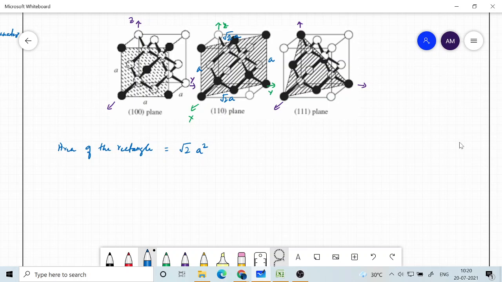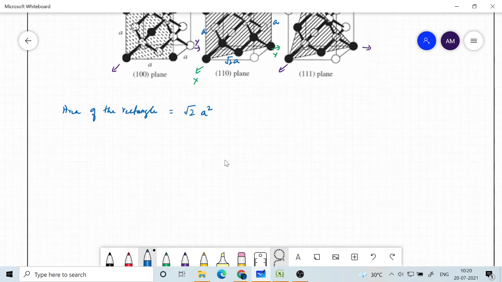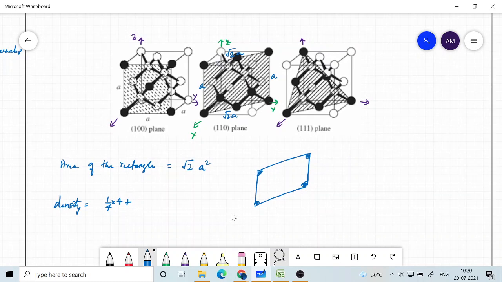If you properly see this, again at the corner you have 1/4, okay, so density, so we have 1/4 into 4 plus, because this thing is repeating like this, the rest is shared by other such unit planes.